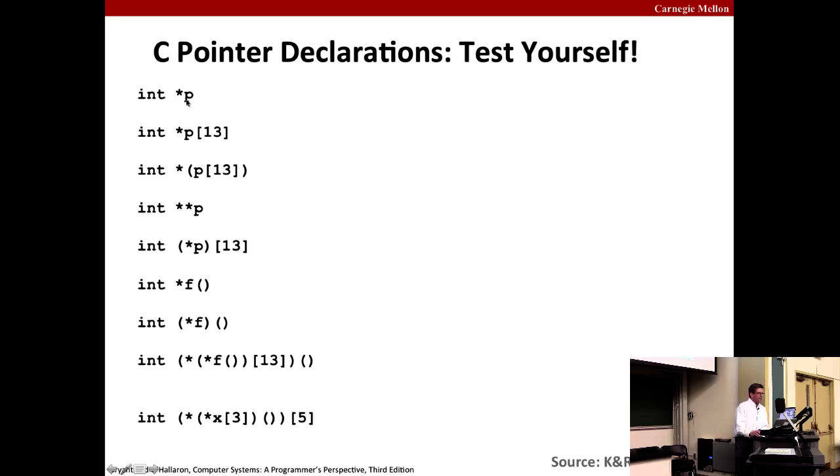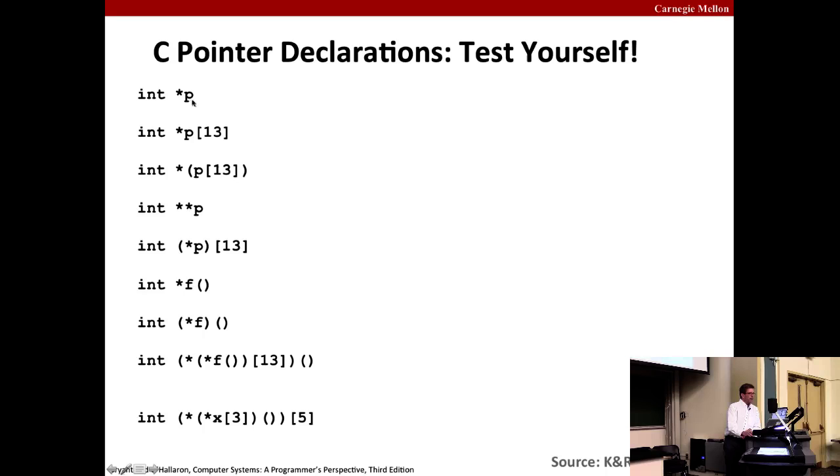You always start, with the definition of a pointer of some kind, with the variable name. And then you use your precedence. You look for operators on either side of that variable name, and you choose the one that has the highest precedence. So we start with the variable. We say p is a, and then we look to the left and the right. There's nothing to the right, but there's a pointer symbol to the left.